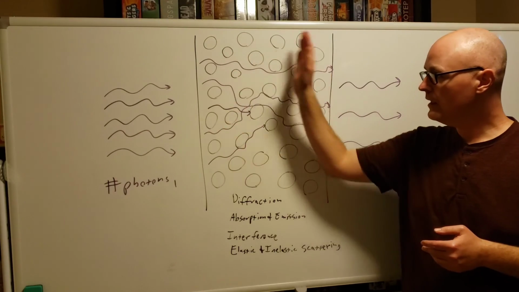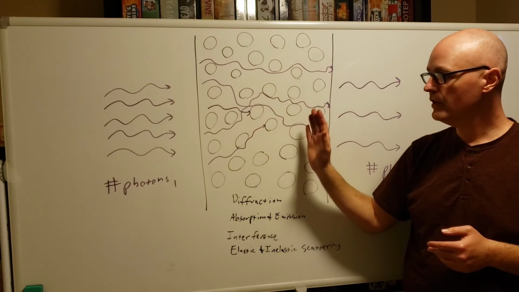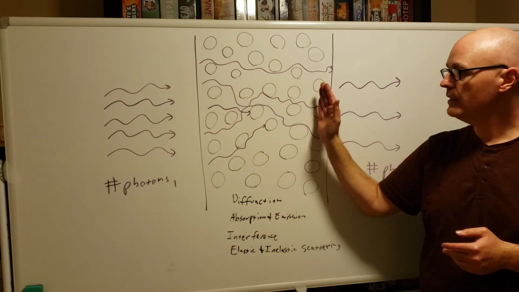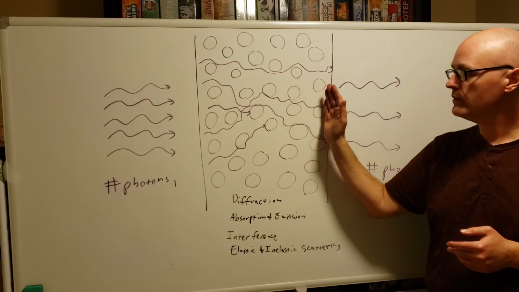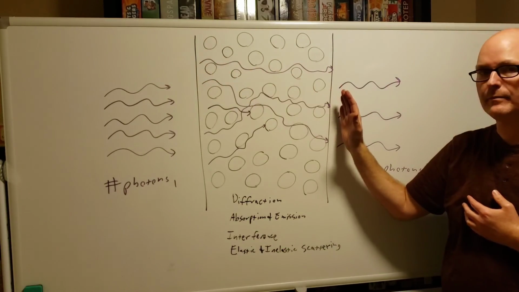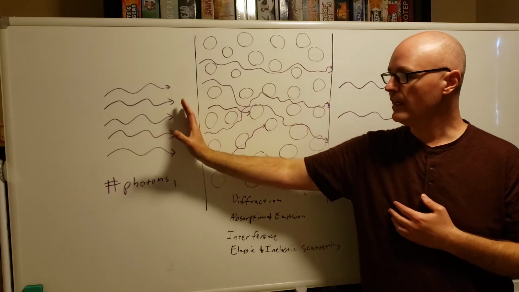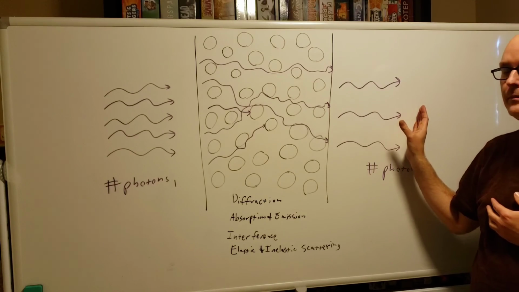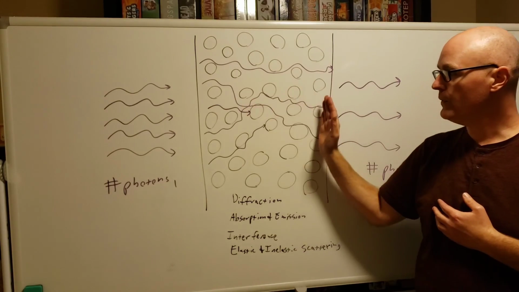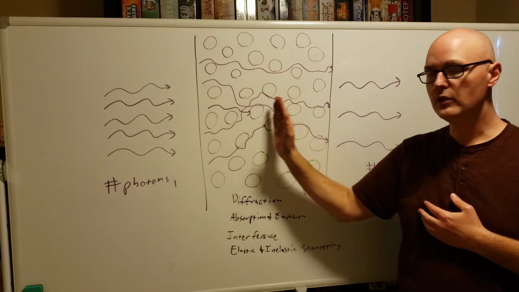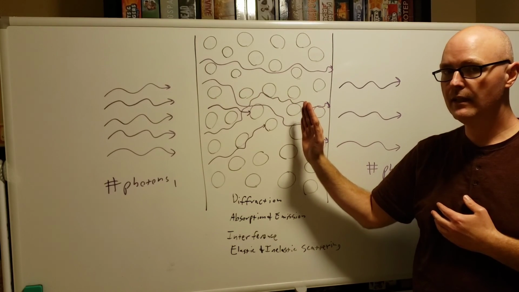All of this has the effect of slowing down the speed at which light travels, at least as a group, through the medium. So on this side, I have vacuum. This side, I have vacuum. As I travel through, the speed inside the medium will be lower than the speed of light.